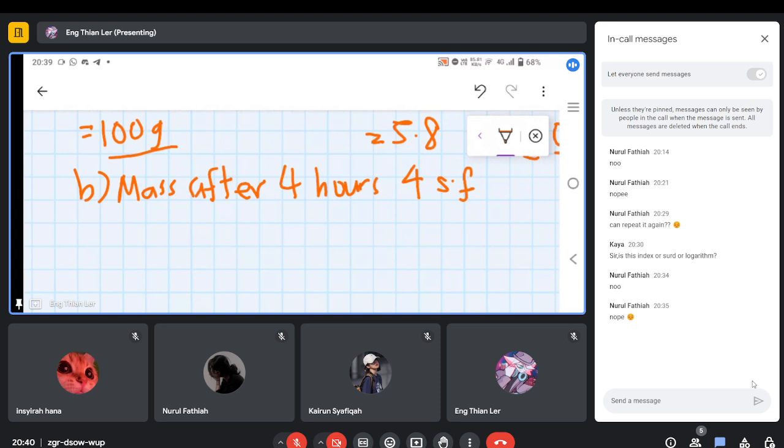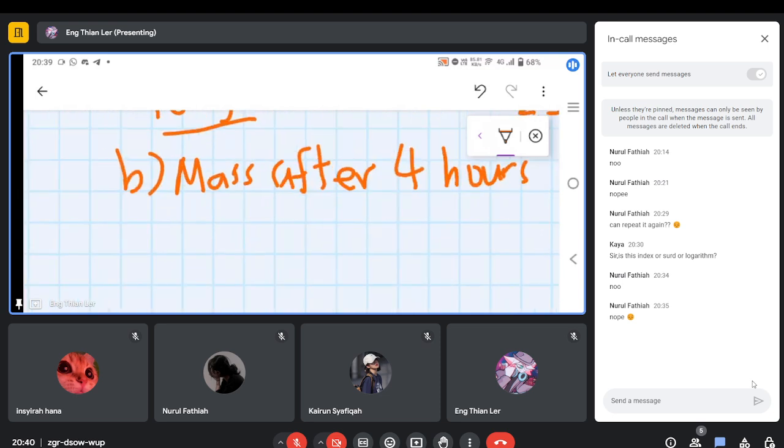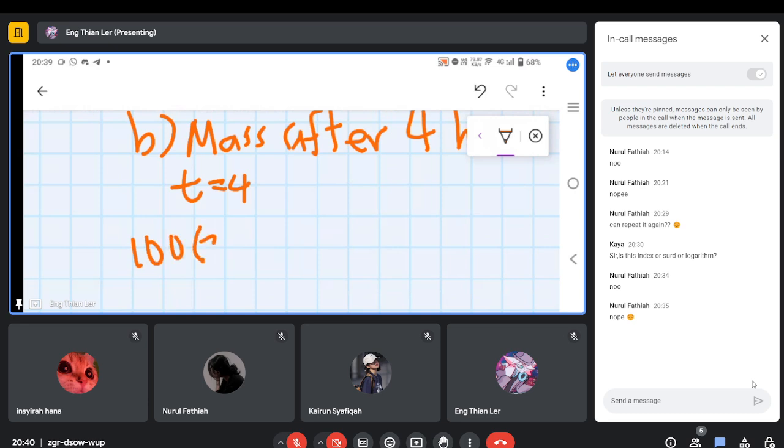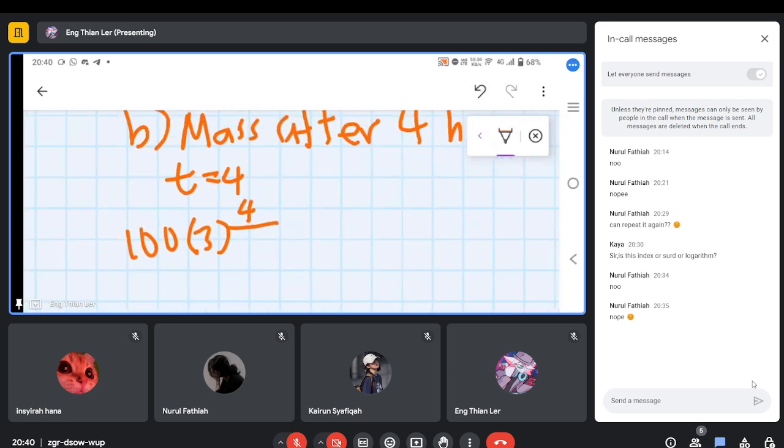Mass after 4 hours. It's easy, we just substitute t to 4. So 100 times 3 to the power of t over 10, which is 4 over 10.